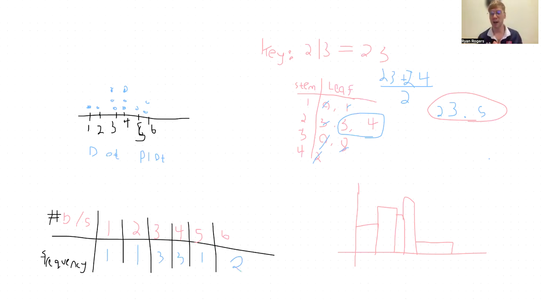If you do not write the word frequency, I will take off points. The reason why is because I need to know that you know which data is referring to the frequency. If you don't tell me which one is frequency, maybe you think this right here is frequency.